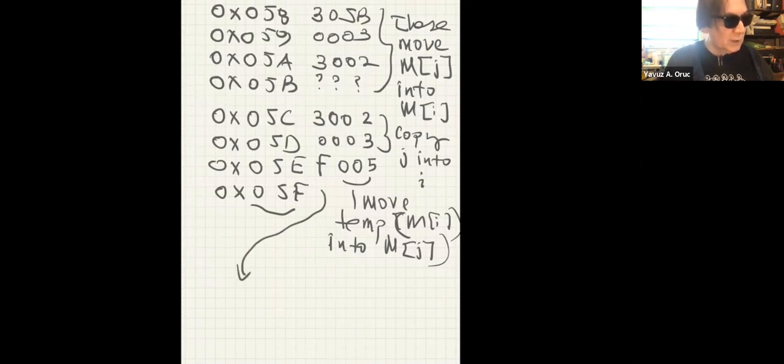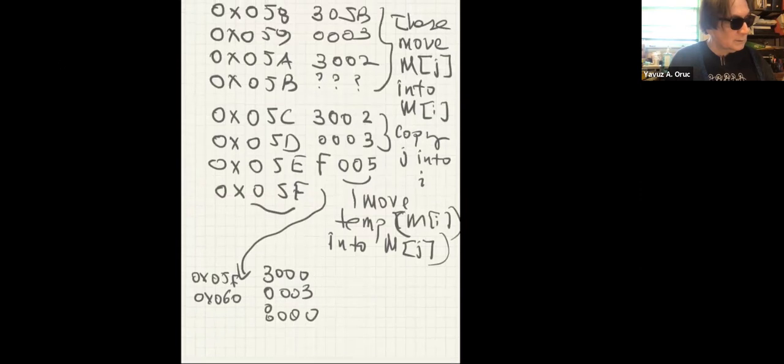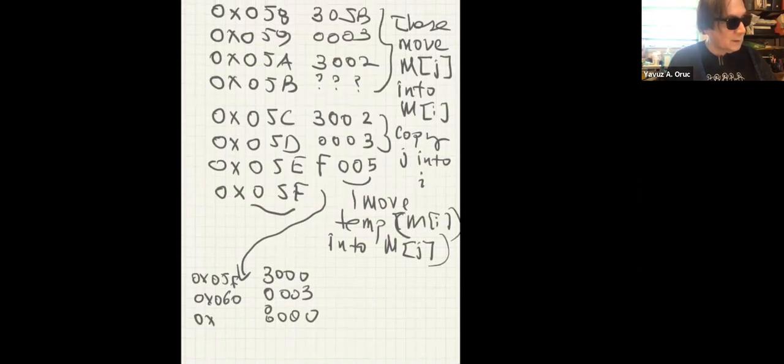Okay, how do I increment J? I simply move it from where it is into the accumulator. Okay, so this is really 0x05F, 0x060, and then increment, which is 8000. Okay, incrementation is done. 0x061, and then jump back.